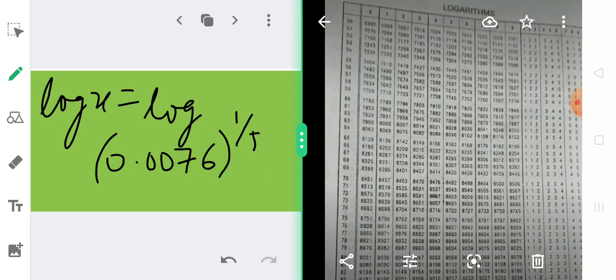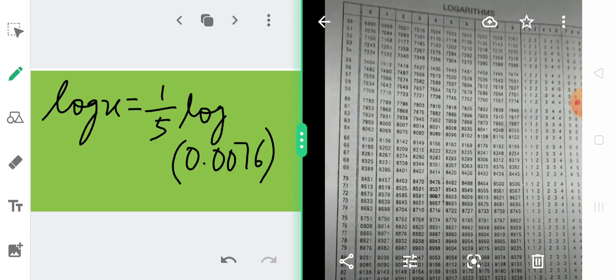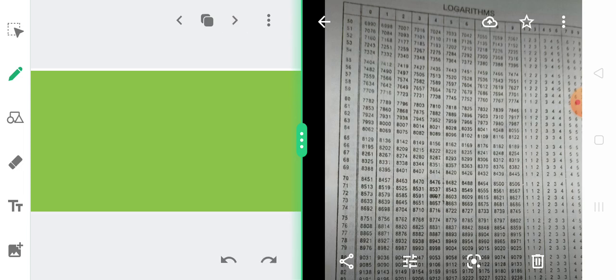So just see, the power 1 by 5 has come in front. Okay, now in the next step we will be writing down the log of 0.0076.